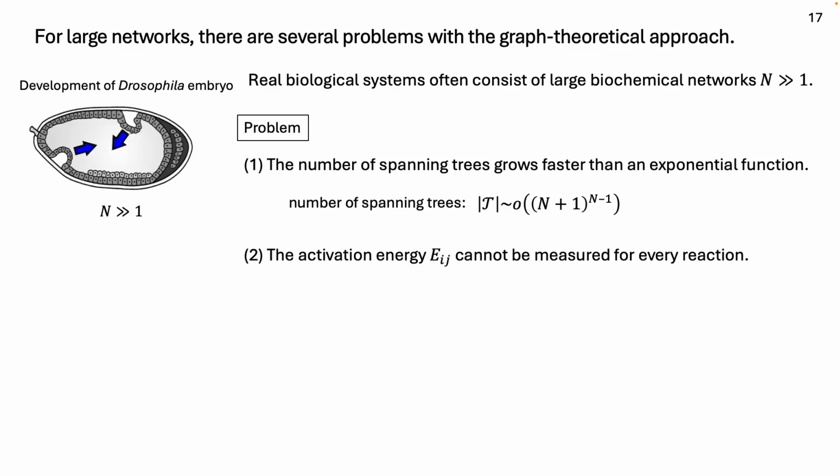And the other problem is the activation energy cannot be measured for every reaction. For a simple network, activation energy may be measured, but for a large scale, 100 or 1,000 reaction network, we don't know all activation energies for reactions.